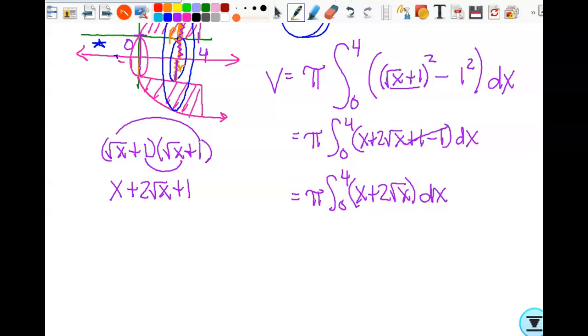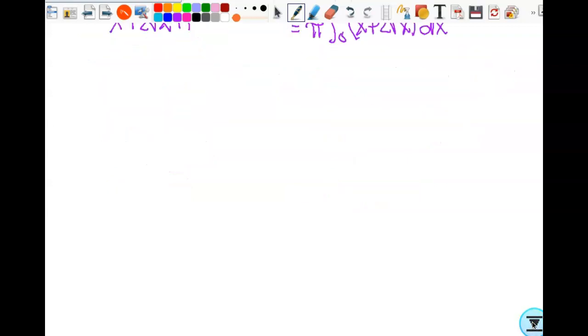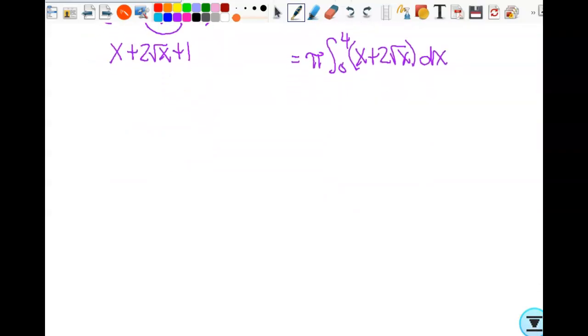So I want you to integrate that. X to the 1/2, so it would be x to the 3/2, so it would be 4x square root x over 3. 2 times 2.